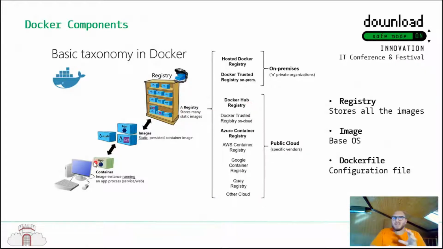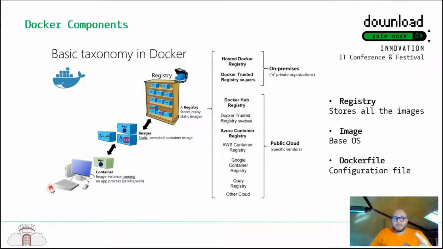So where does Docker get that operating system from? There's a thing called a registry, which is basically a storage, which could be on cloud or on premise, that holds all of the images that you have. You can have Ubuntu, you can have CentOS, Red Hat, anything that you need on the registry.